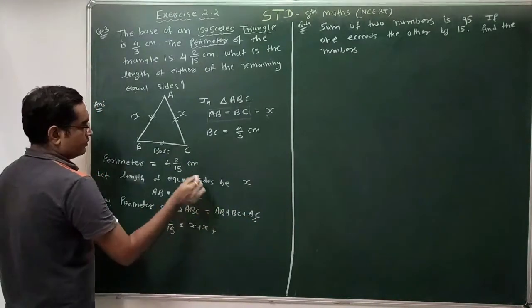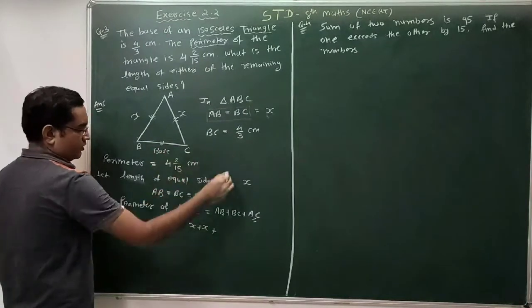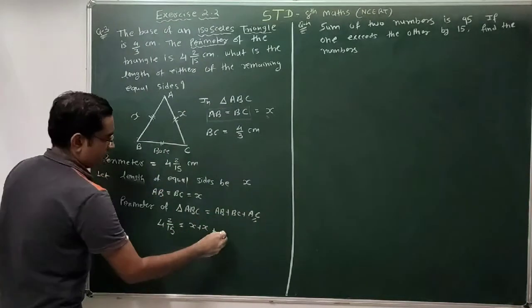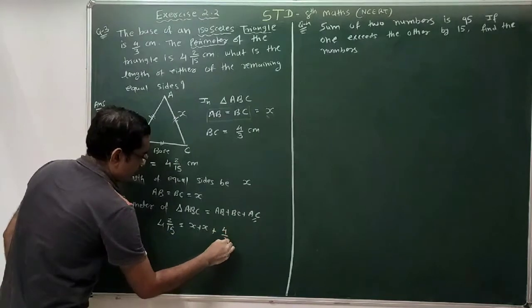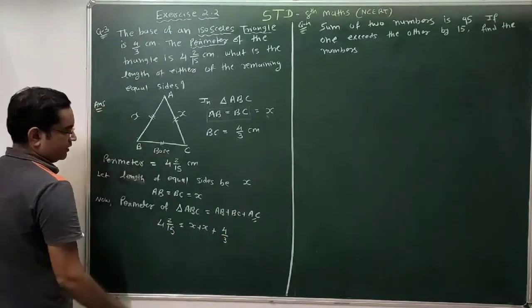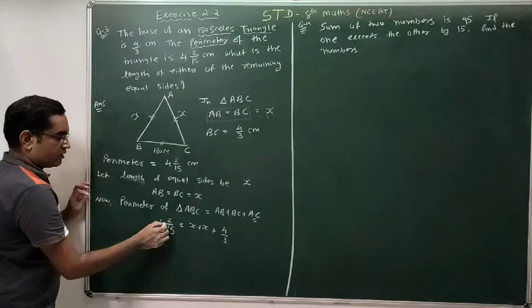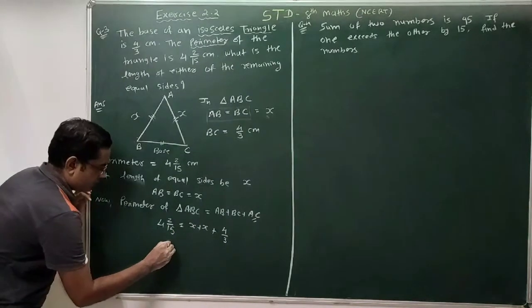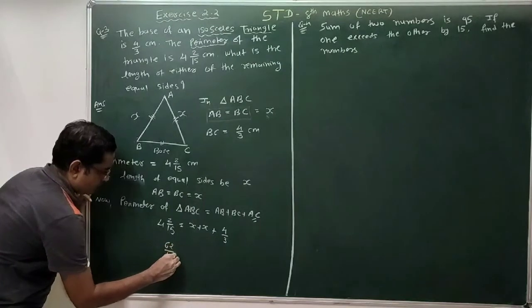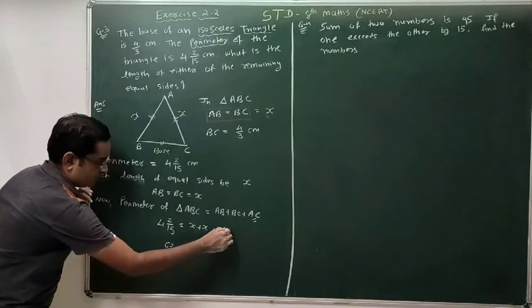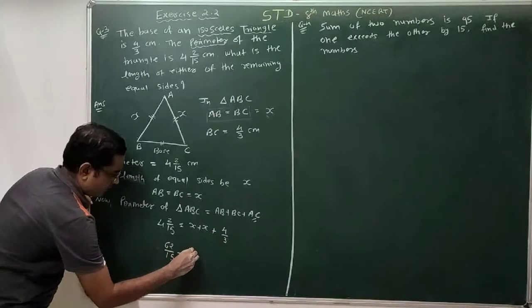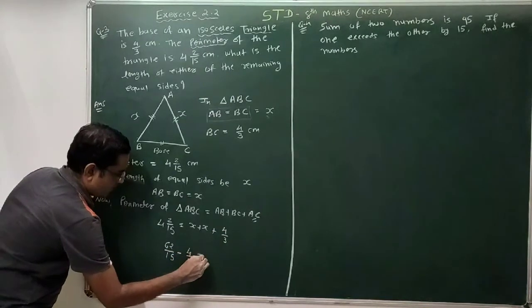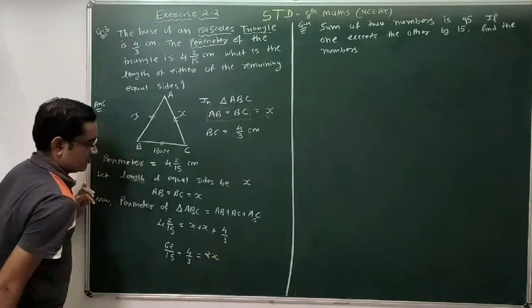So AB equal to x, BC equal to x, and AC is the base, which is 4 by 3. Clear? Now this is 15 4s are 60, 60 plus 2, it is 62 by 15 minus, take this 4 by 3 on the left hand side, so it's minus 4 by 3, that is equal to 2x.